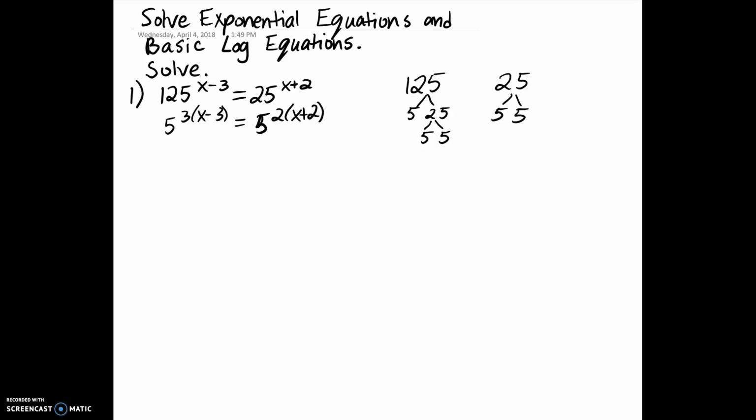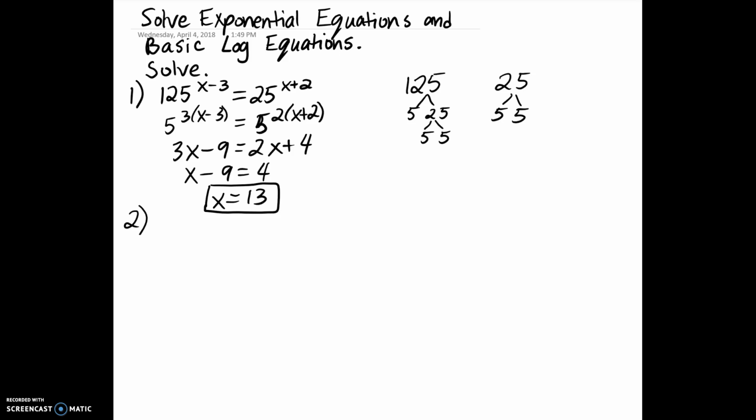Making sure to keep your exponents in parentheses. And then if you can do it this way, once you have the same base, you set your exponents equal and solve. So I'm not showing out some of the solving steps. I think you guys can handle that.